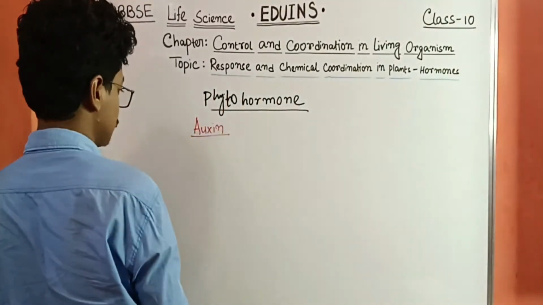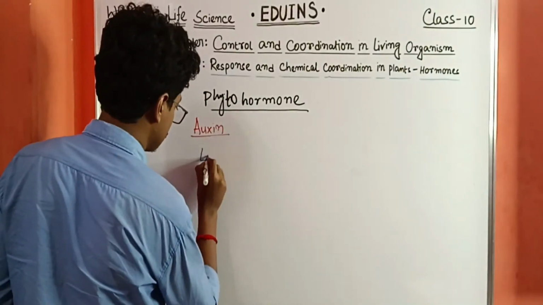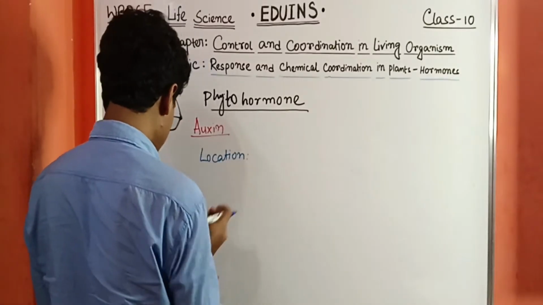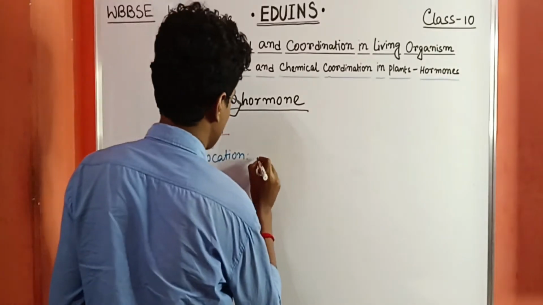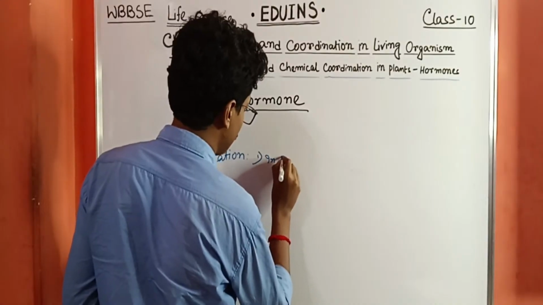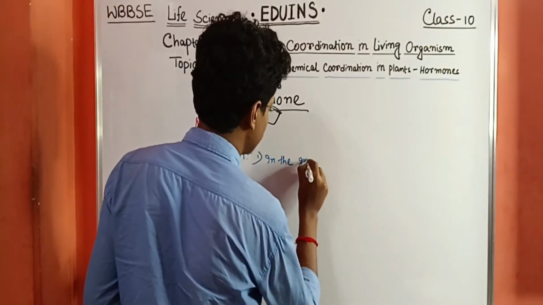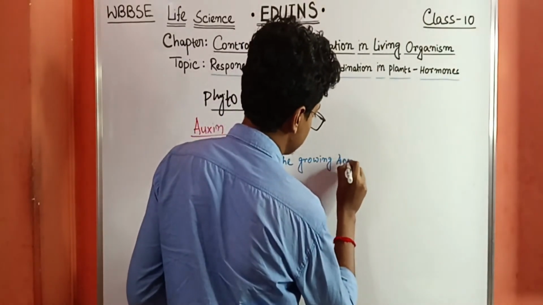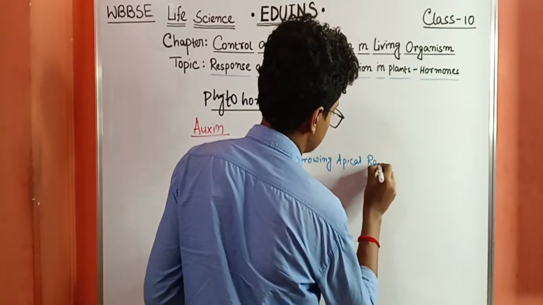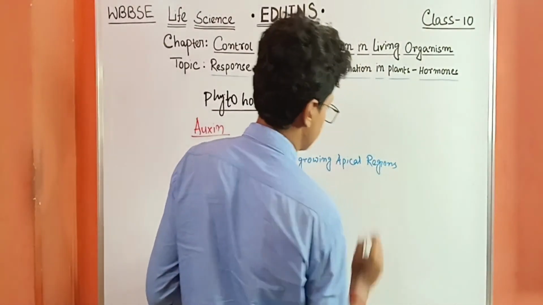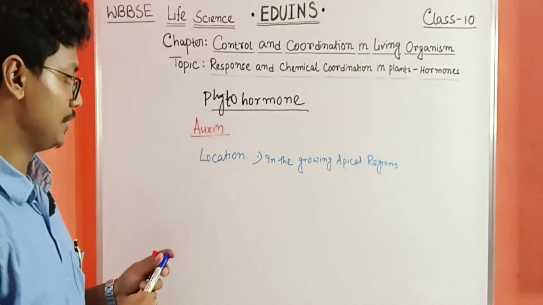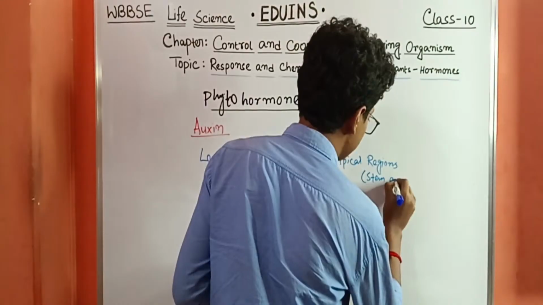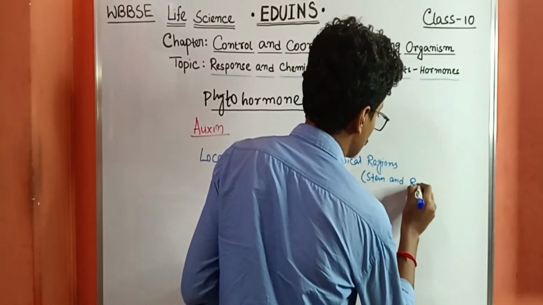Auxin is found, number one, in the growing apical regions, both in stem as well as in roots.